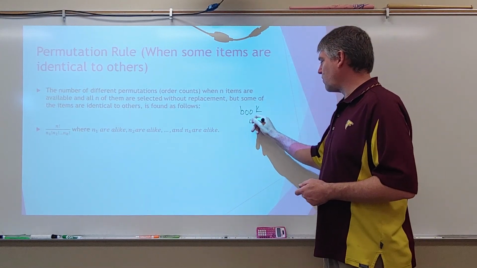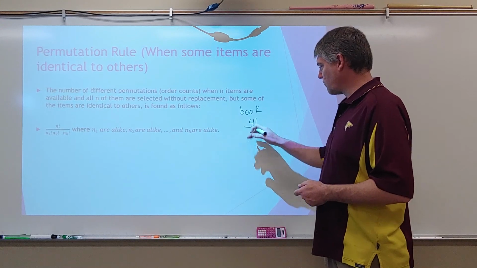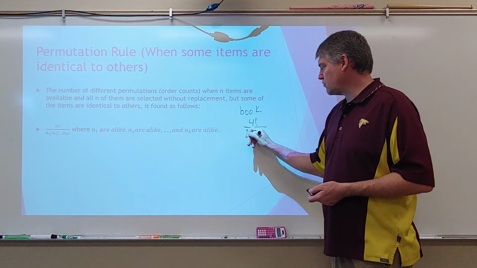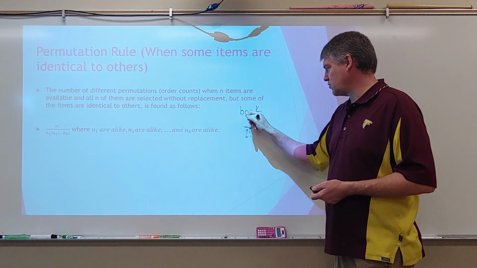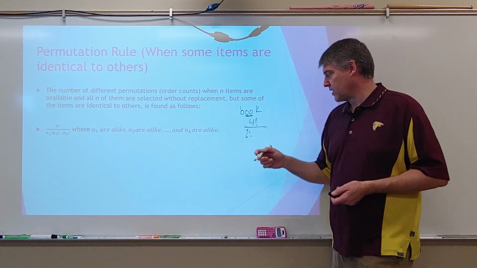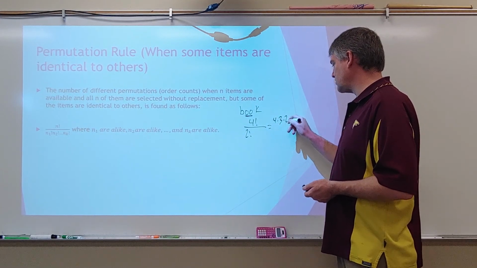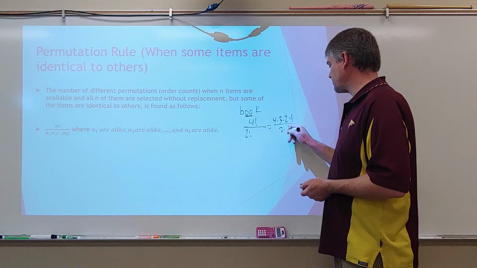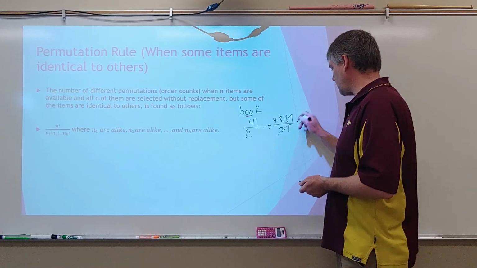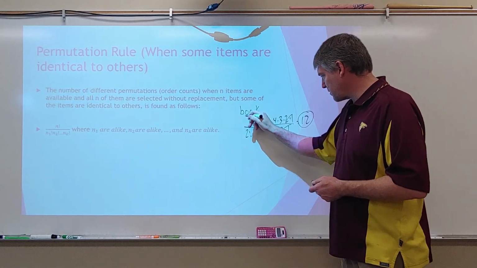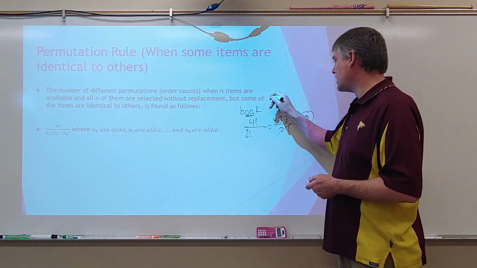So that would be 4 factorial over, and I'm using all the letters, right? Over 2 factorial because I have 2 O's here, okay? So that would give me 4 times 3 times 2 times 1 over 2 times 1, which would give me 12 different possibilities, right?